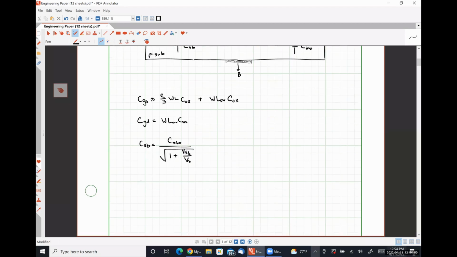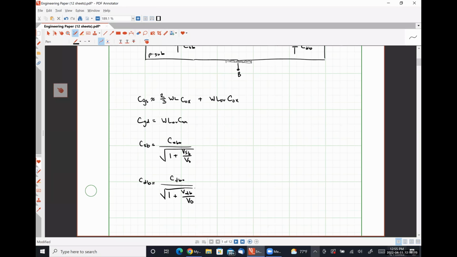And finally, CDB is another depletion region capacitance. So it's going to look like CDB naught over the square root of 1 plus VDB over V naught.